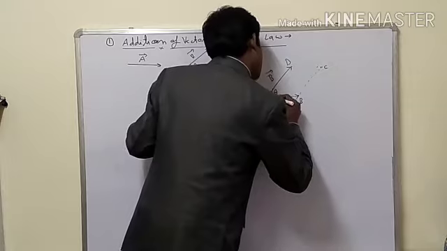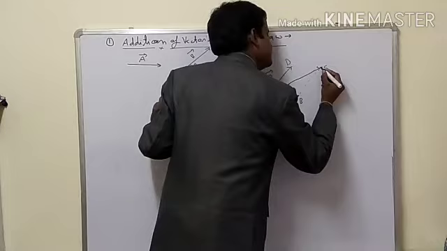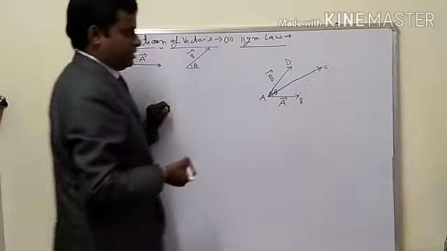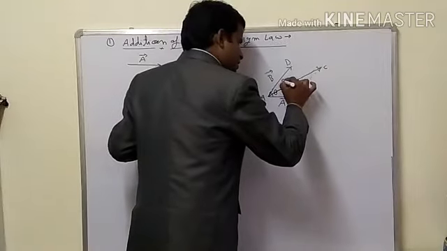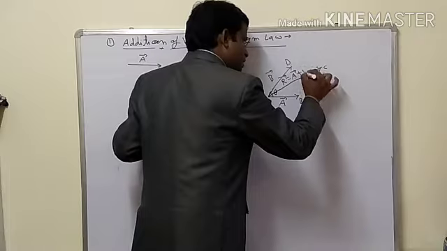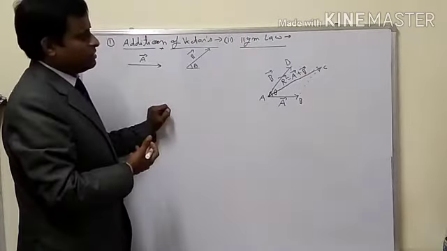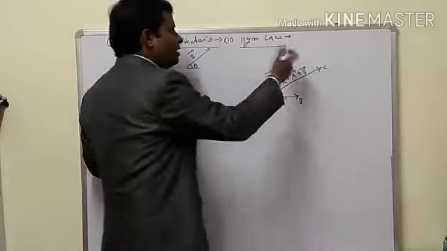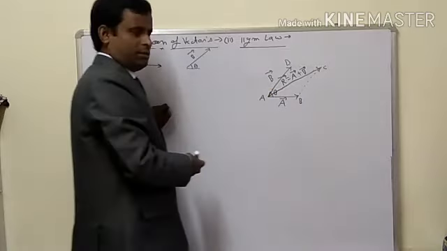If we join this diagonal AC, this diagonal AC will represent the addition of vector A and vector B. So why are we calling it the parallelogram law? Because a parallelogram is forming in this.